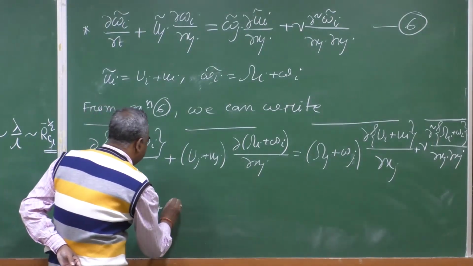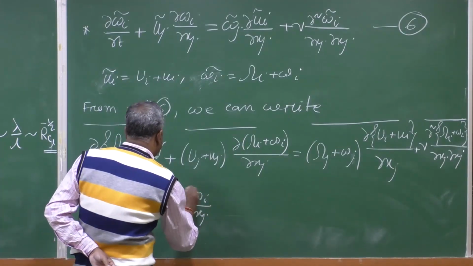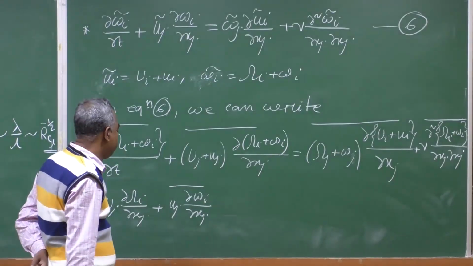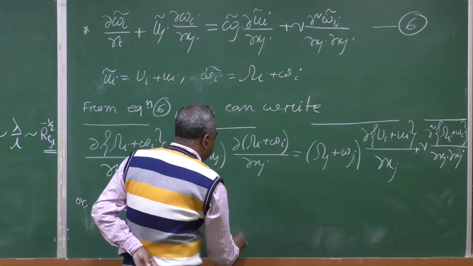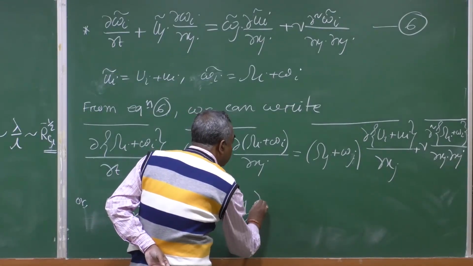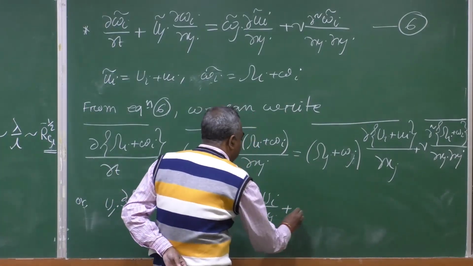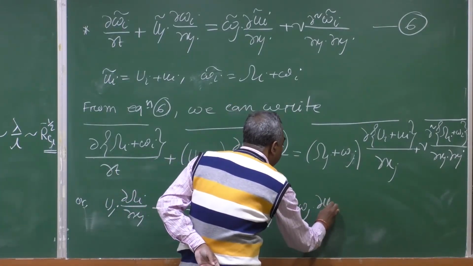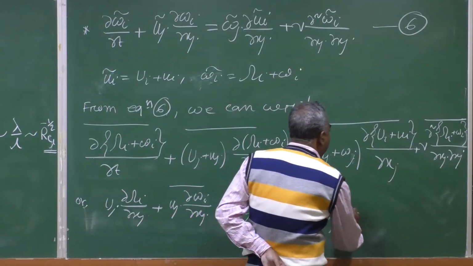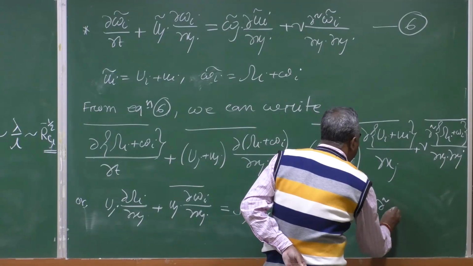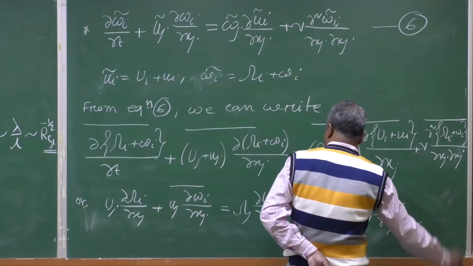Then we are left with this plus u j del omega I del x j bar, and this equals, from this we can write, omega j del capital U I del x j plus omega j del U I del x j bar plus nu del 2 del x j del x j.